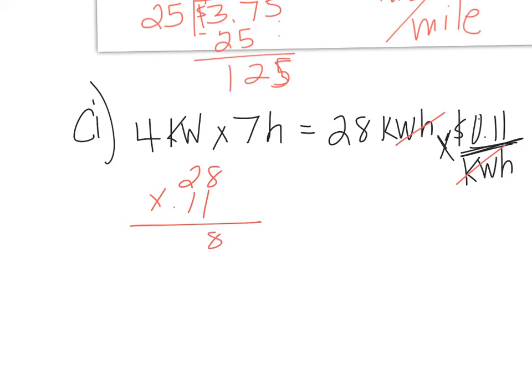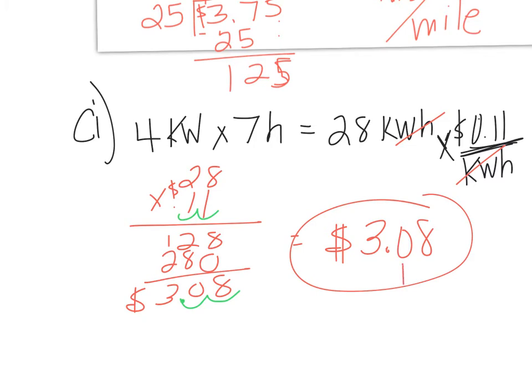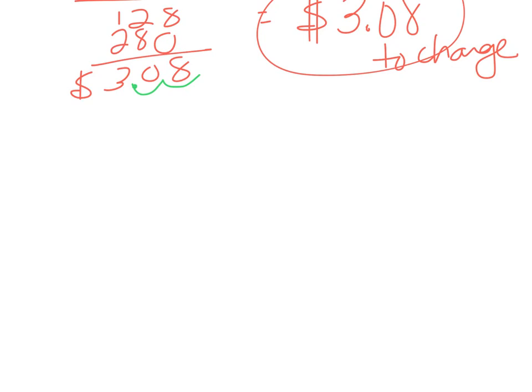And this is dollars, so it comes out as dollars. And in my problem, I had 2 decimal places, so I got to make sure I have 2 decimal places in my answer. And so my answer is $3.08. Don't forget the dollar sign. And this is to charge. So it only costs $3 to charge the car to go 100 miles. Pretty good deal there.